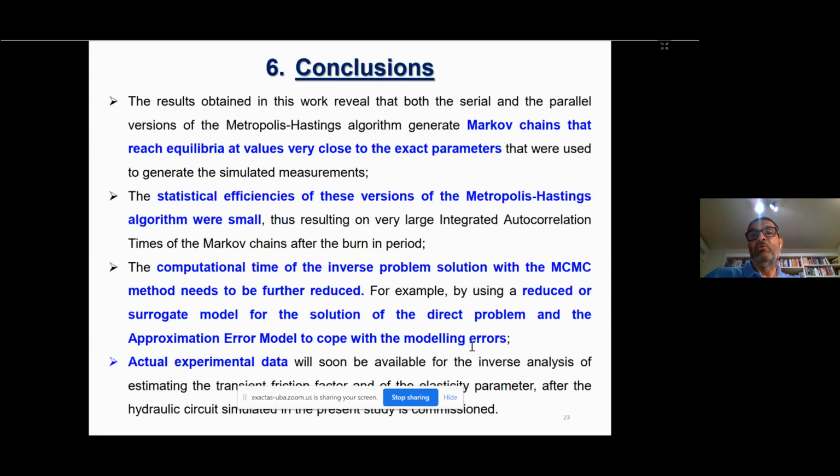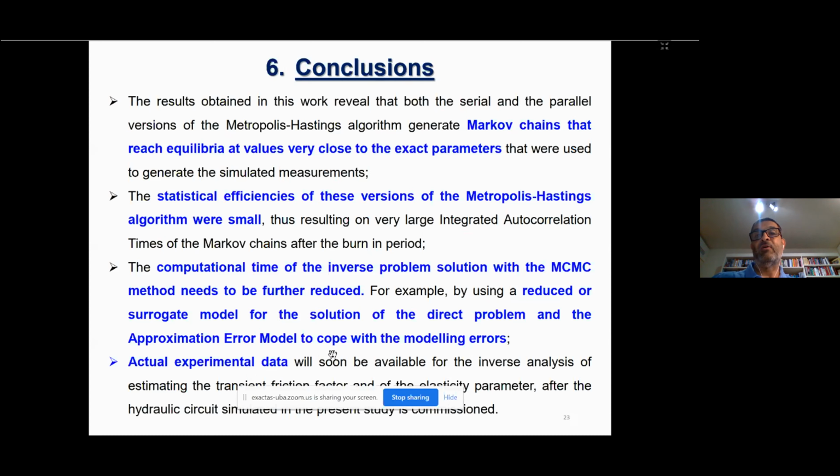So we have to reduce this computational time, and one possibility that we have already been using is a surrogate model. In order to account for the modeling errors, we can use the approximation error model developed by Jari Kaipio and his group. And we are looking forward to using actual experimental data.